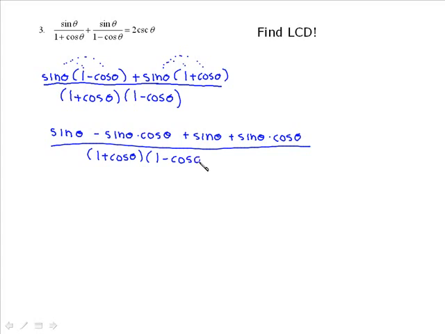Now I know most people really want to FOIL those factors on the denominator out, and I will do it, I promise, but I'll do it on the next step.